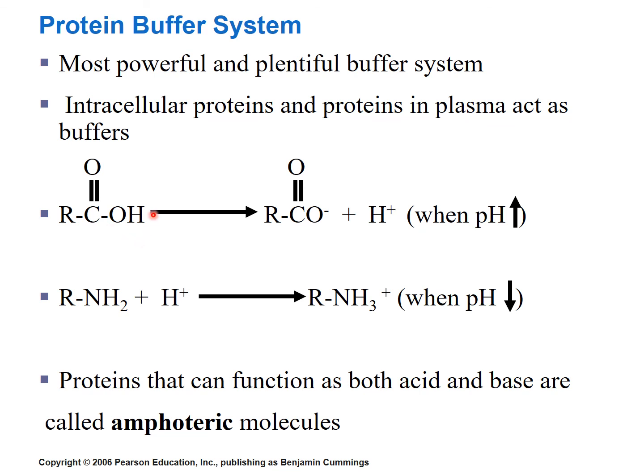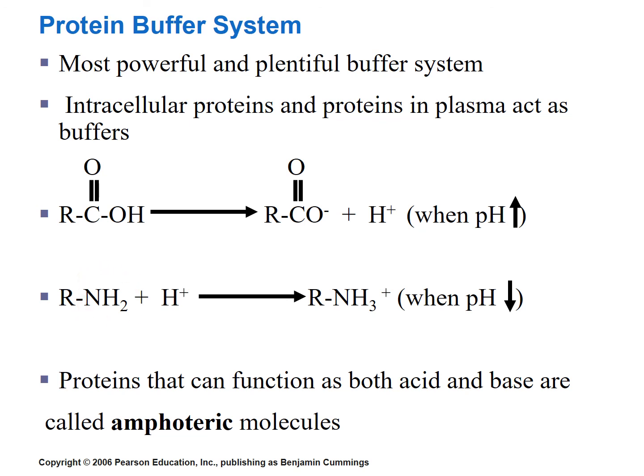Well, that carboxylic acid will donate a hydrogen ion when pH levels are high. So in other words, when there's a deficiency of hydrogen ions, that hydrogen ion will come off, right? And in this way, proteins resist increases in pH when there is a deficiency of hydrogen ions. On the flip side, proteins also have other groups called amino groups, right?